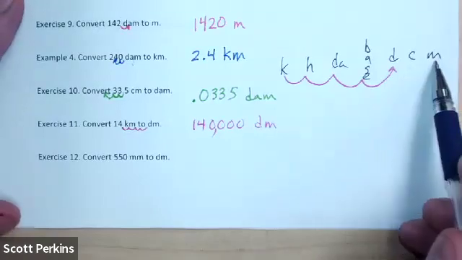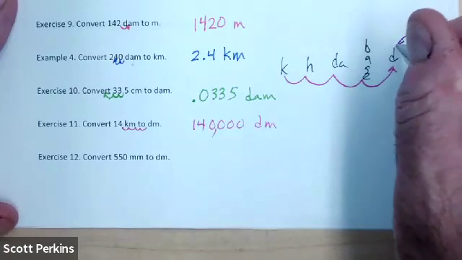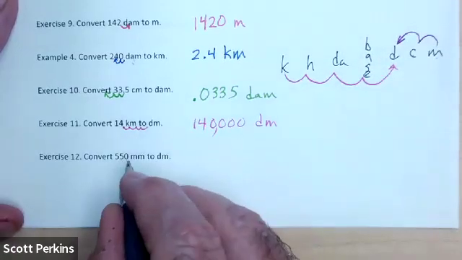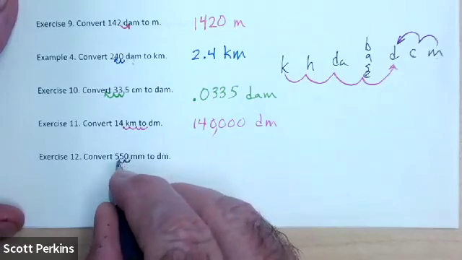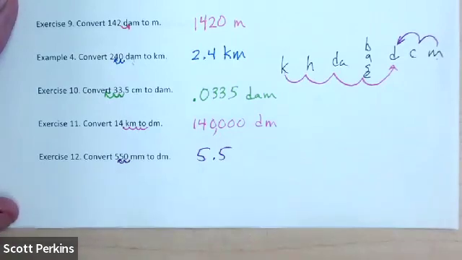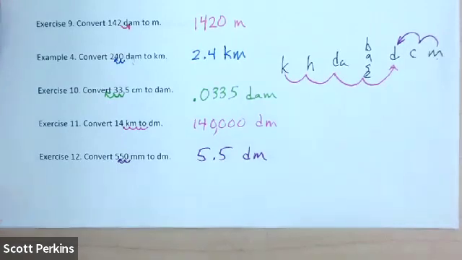All right, I'm at milli, and I've got to go 1, 2 hops to the left to get to deci. So I'm going to start my decimal point and then 1, 2 hops to the left, and that gives me 5.5 or 5.50. I don't care about the 0 on the end. If you put it on there, decimeters is what my result is.